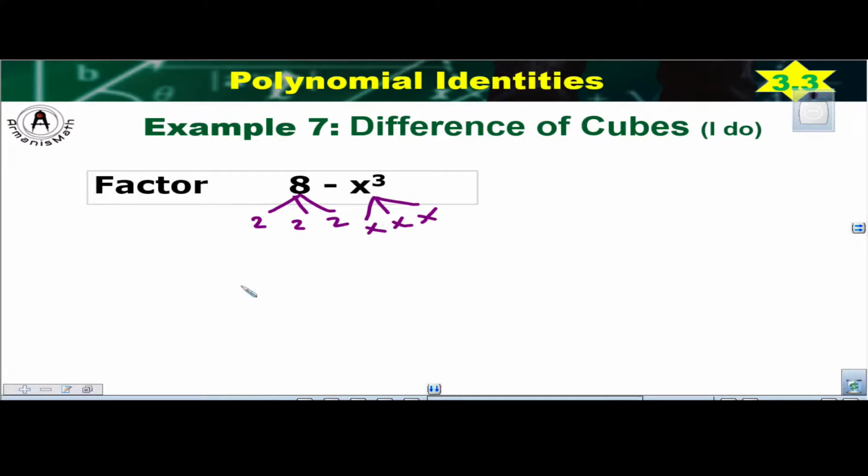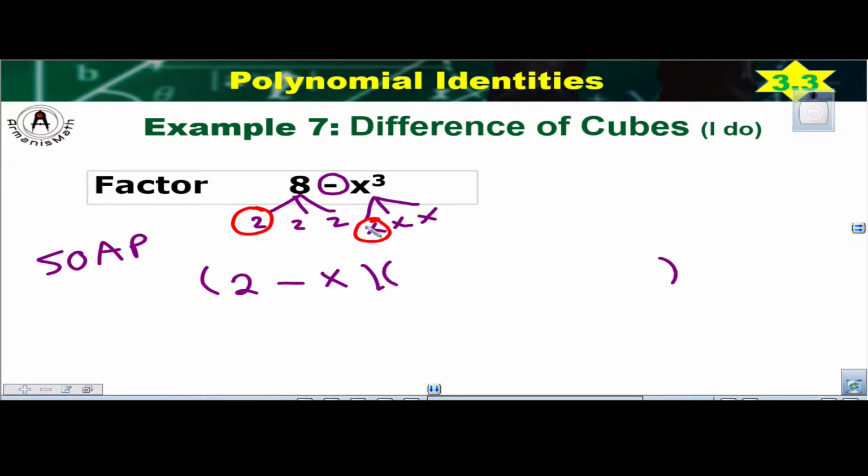So back to the SOAP. I'm gonna just put SOAP here for me to remember. I'm gonna have 2 parentheses. The first one is kind of tiny, and the second one is chubby. So I'll take the first term, which is a 2, minus. I'm using the same, from SOAP, and then x. I'm only gonna circle one of them because that's what I'm gonna deal with, and also circling the sign itself.